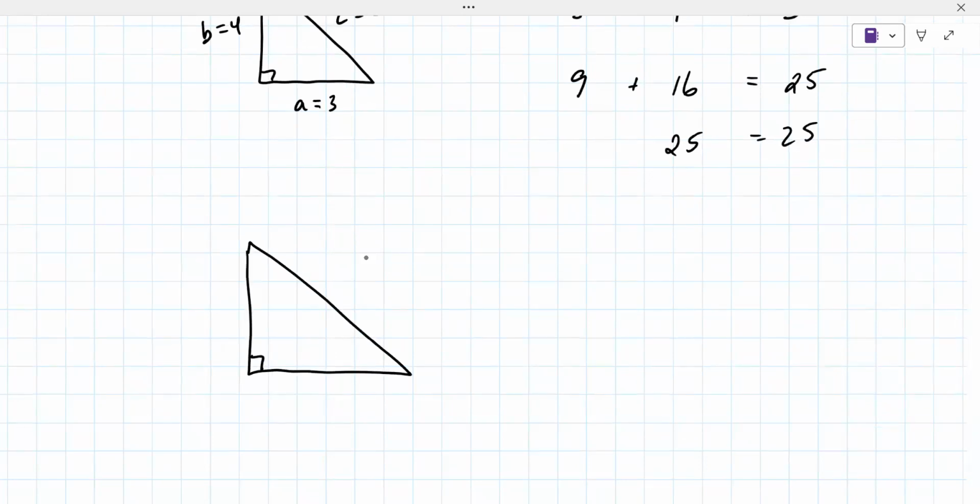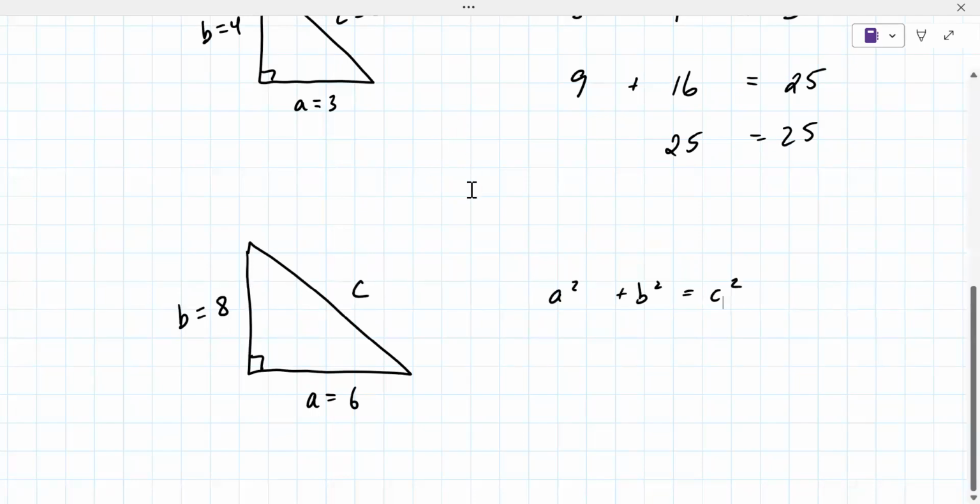Okay, so would you usually need to solve for C? Well, you could actually solve for any of them, but we're going to do this problem where you solve for C. Okay. So again, it's a squared plus b squared equals c squared, like that. Triangle 90 degree.